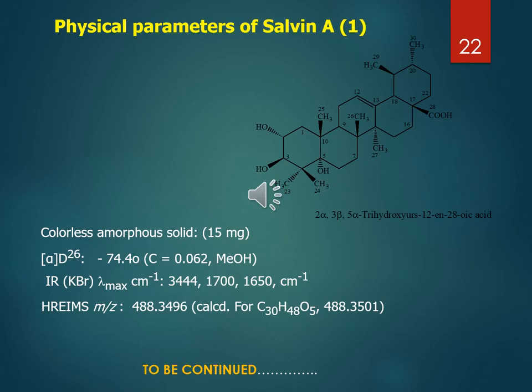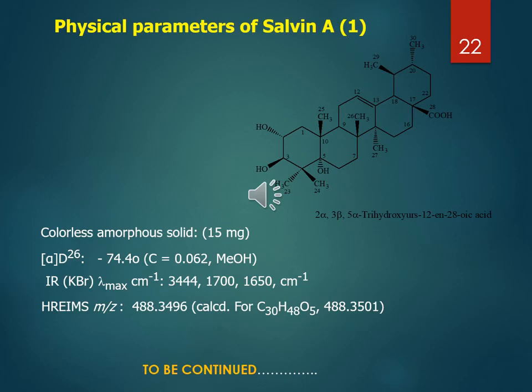The structure of compound 1 is confirmed on the basis of these techniques, and the name of this compound is Salvin A. The name of this compound is 2-alpha, 3-beta, 5-alpha trihydroxy olean-12-en-20-oic acid.